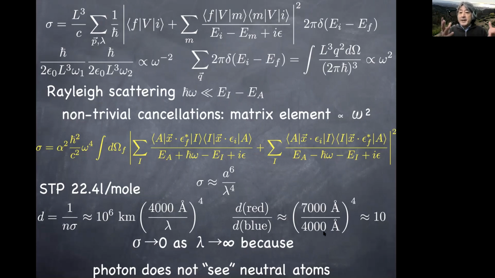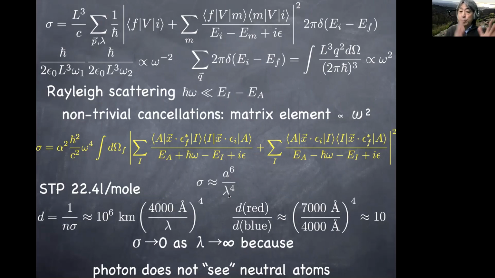But it at least starts to resolve this a little bit and can scatter. So this is barely scattering off an electron inside the atom, because the photon more or less sees the whole atom as a neutral object it doesn't interact with. That's why the cross-section is suppressed by the Bohr radius, which is smaller compared to the wavelength of the photon we are talking about. And that's why the cross-section is suppressed by the long wavelength to the fourth power. So that's how you can intuitively understand why the large lambda limit will give you a small cross-section.